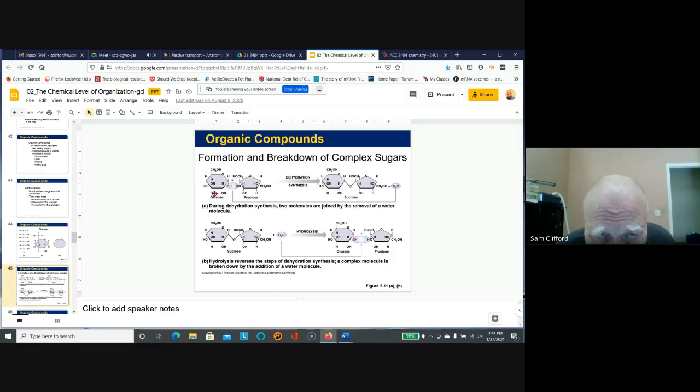If you take glucose and fructose and you have an enzyme available, dehydration synthesis will remove water and make a disaccharide. Enzymes can also break disaccharides into monosaccharides. Hydrolysis adds water back into the compound and breaks the disaccharide into two monosaccharides.